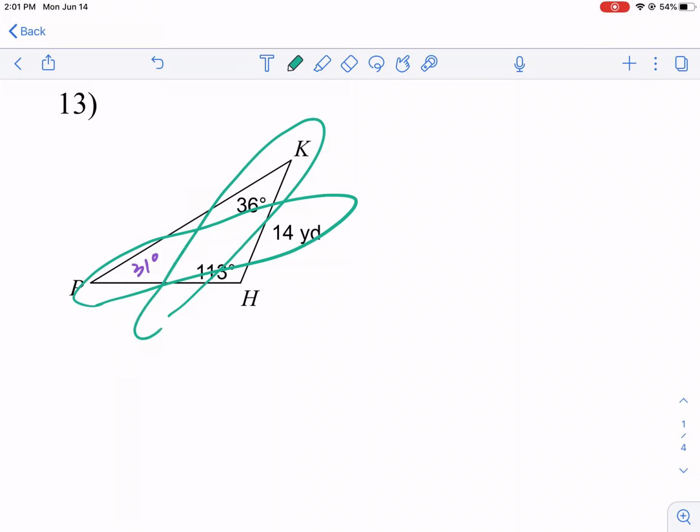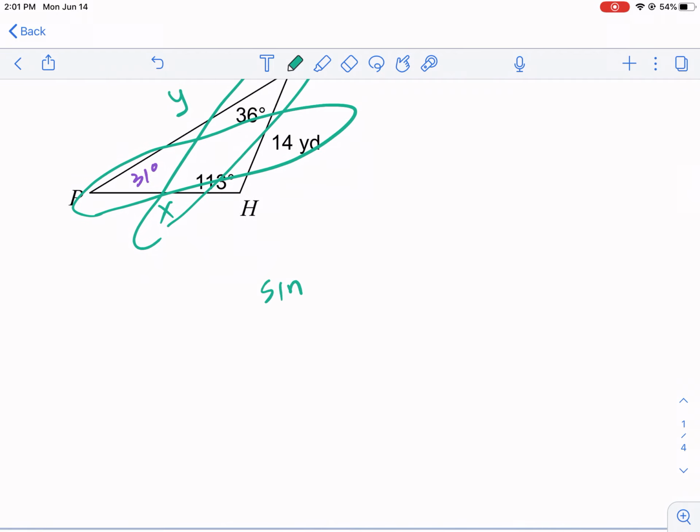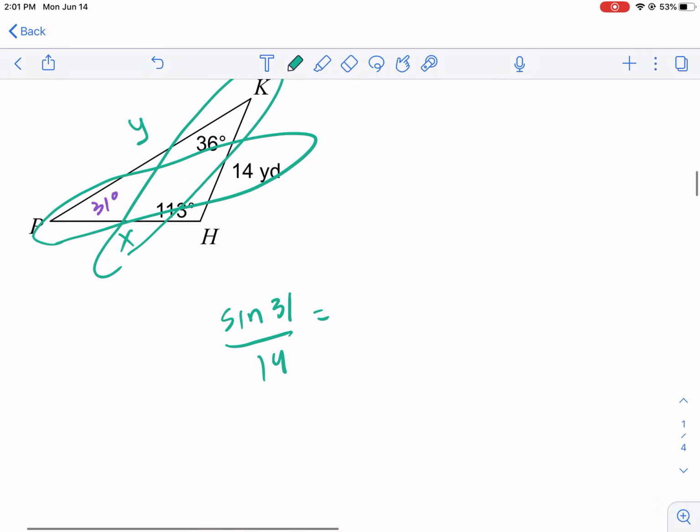So now I have these two values. I could call that x and call that y, and I'll start with sine of 31 over 14. That's going to be my go-to proportion, equal to sine 36 over x.